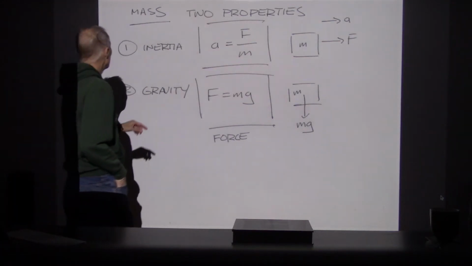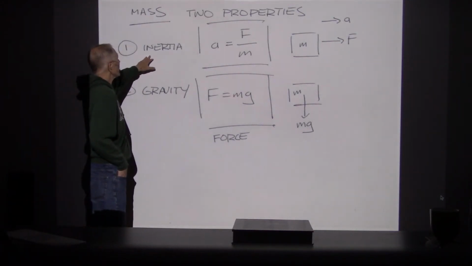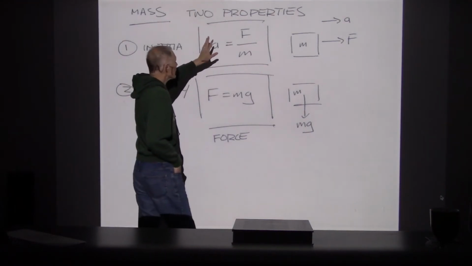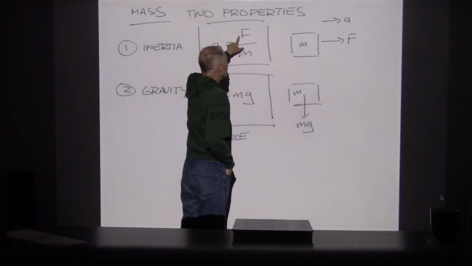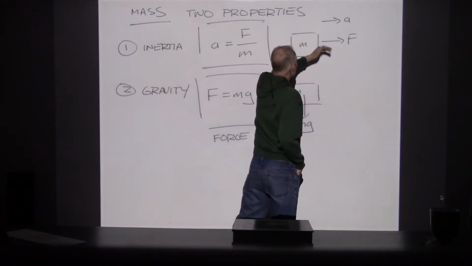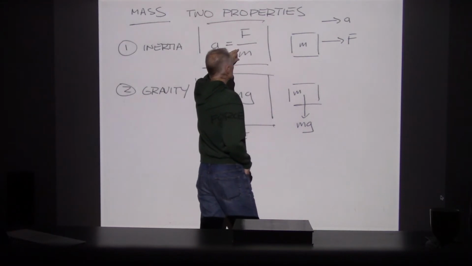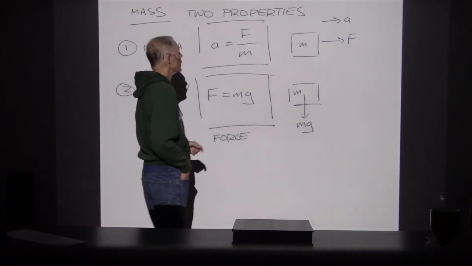Now, the inertial property of mass is in this equation. Here, again, it doesn't matter what forces we've got. In this case, there is some forward force acting on this object. We're ignoring the others. There's going to be an acceleration that takes place, and if the object has more mass, then the acceleration will be lower.